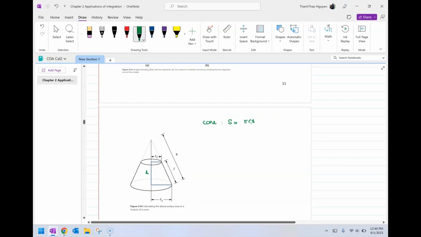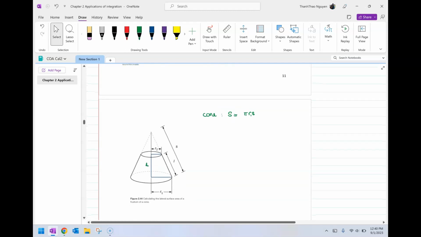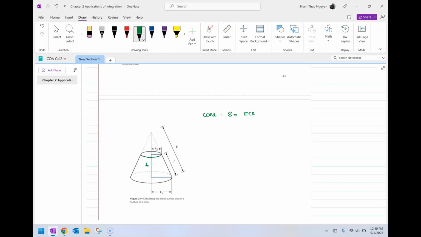Now, if we only want to calculate the surface area of the frustum, or this band, this figure over here, the cross section of the small cone and the larger cone you can look at as similar triangles, right?